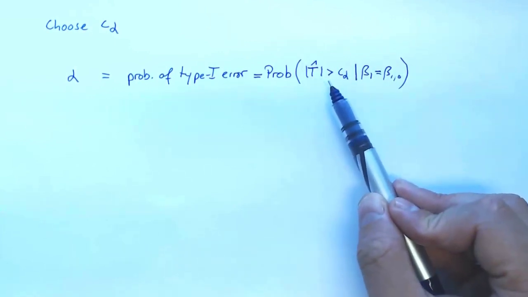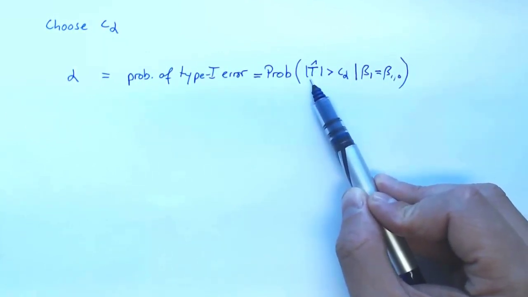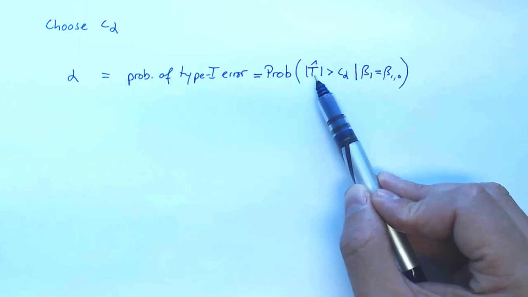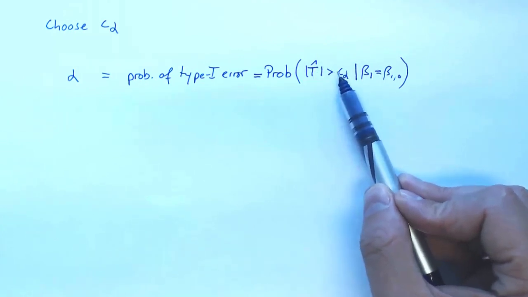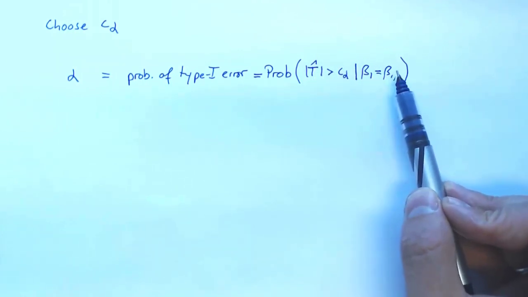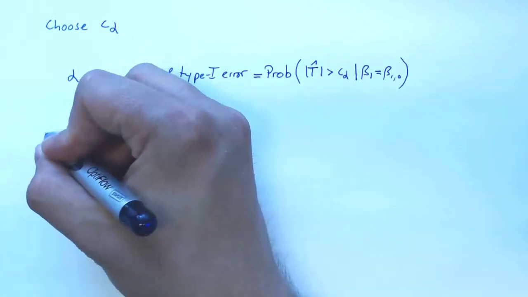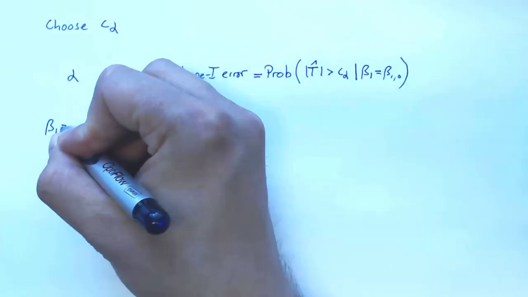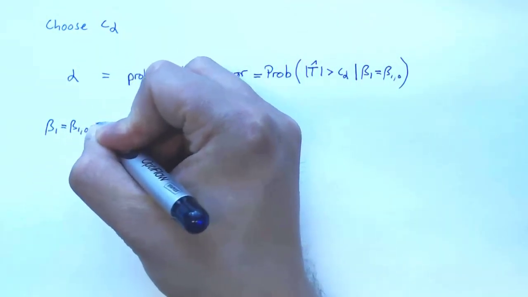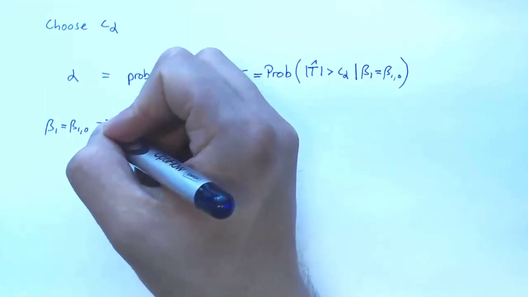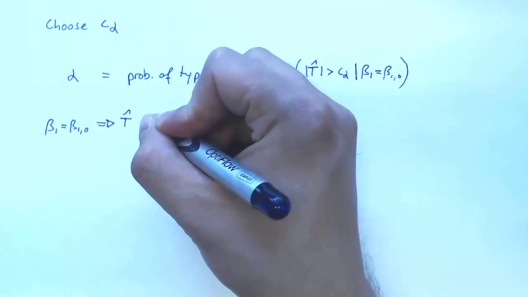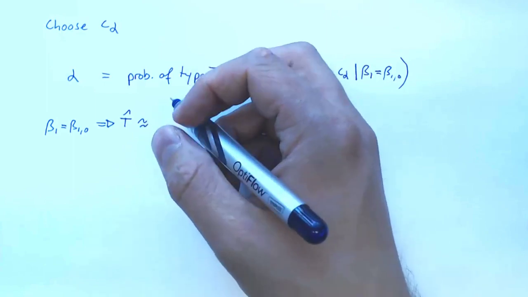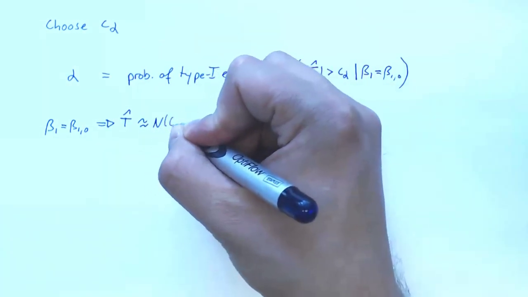To compute this probability, I'll have to characterize the behavior of t hat under the assumption that the null is true. We already know that if beta 1 equals beta 1 not, then t hat is well approximated by a standard normal distribution.